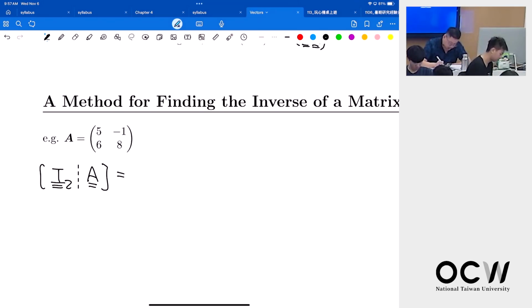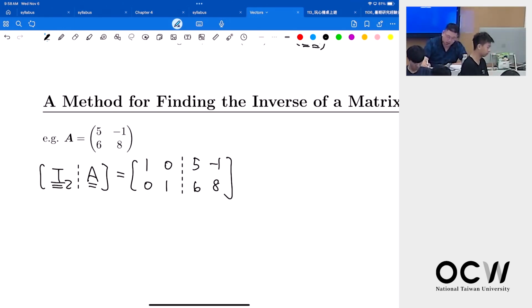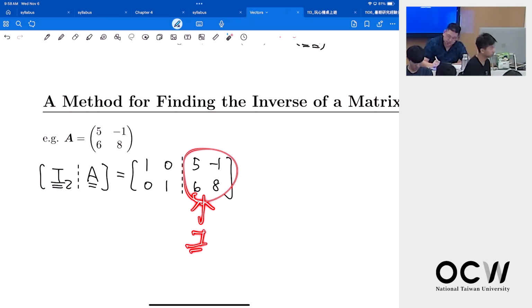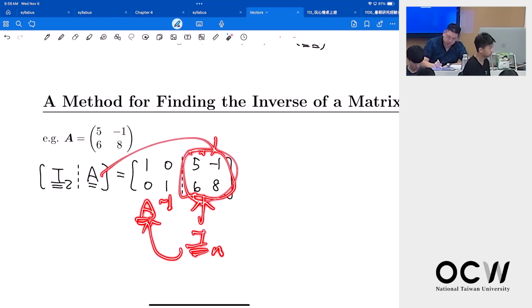So this is 1 0 0 1, and 5 6 minus 1 8. Now I want this to become an identity matrix, and in that case this will be A inverse. So I would like to make A an identity matrix.